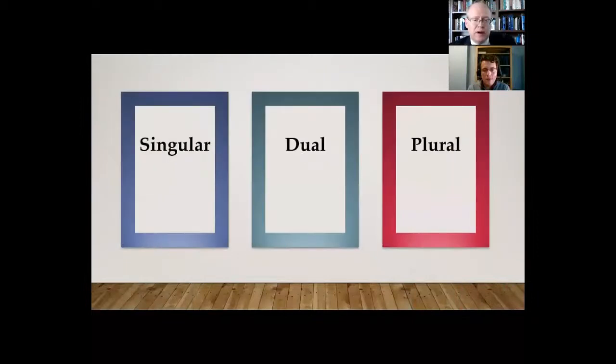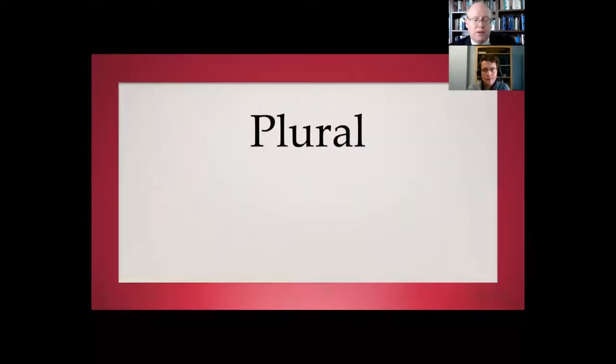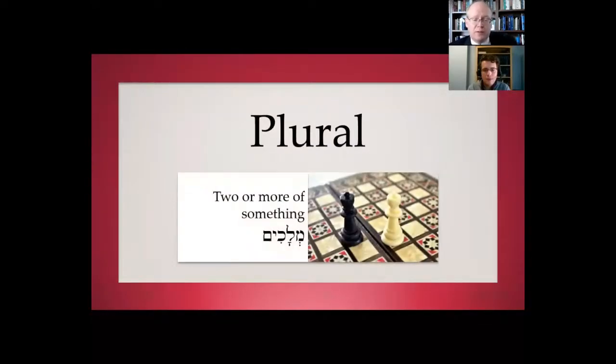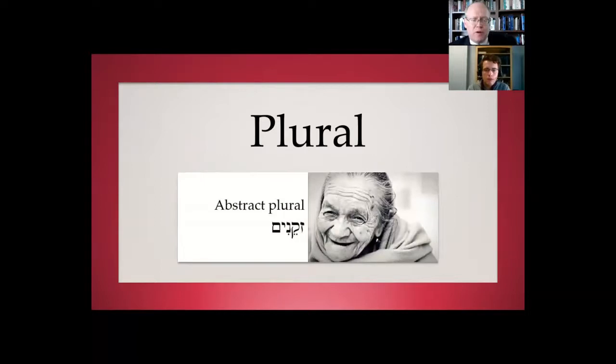The plural is where Hebrew use diversifies and becomes much more complex. So, as you might expect, the plural indicates two or more of something, but it is also used for abstract concepts. And so, right here, I want to back up and clarify that you should think of the Hebrew plural forms, whether it's the -im ending in the masculine plural or the -ot ending in the feminine plural, as a form which may be used in a variety of ways.